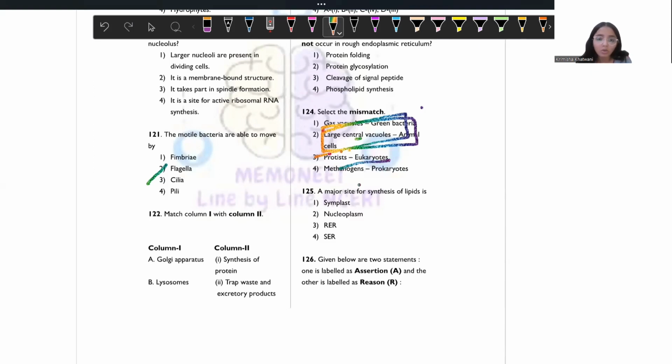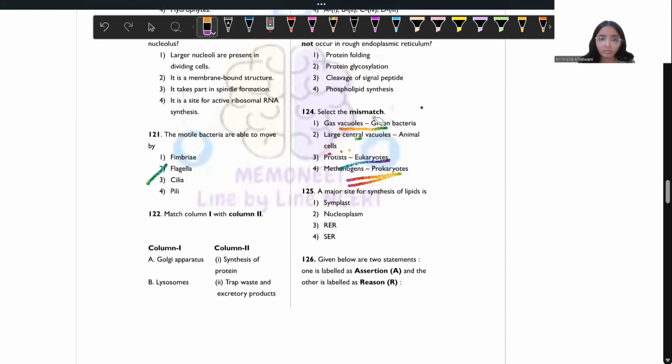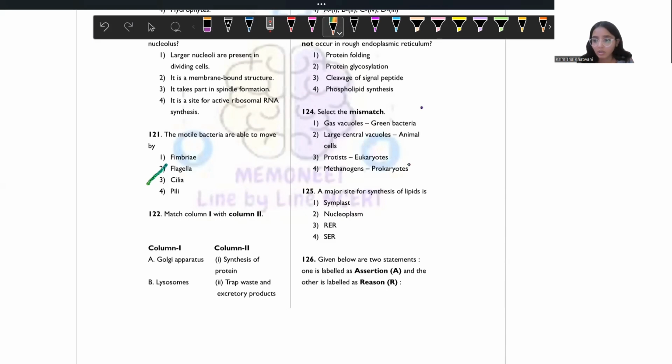Protists are eukaryotes. Come on. Methanogens are prokaryotes. Yes. Gas vacuoles, green bacteria. Yes. Large central vacuoles are found in plant cells, not animal cells. Understood?